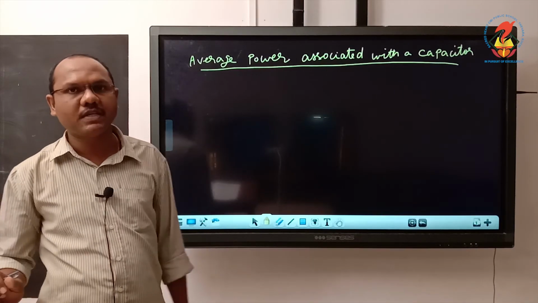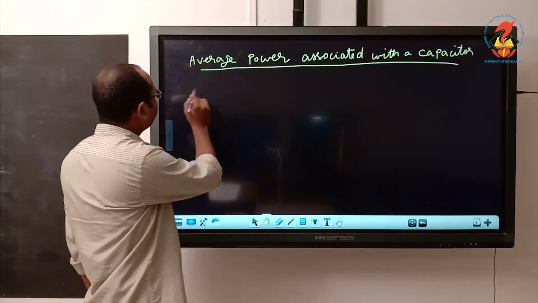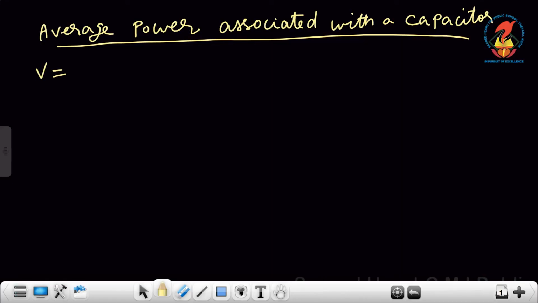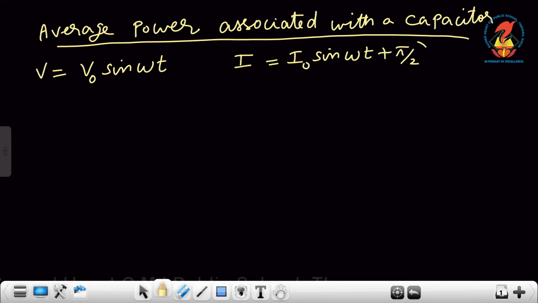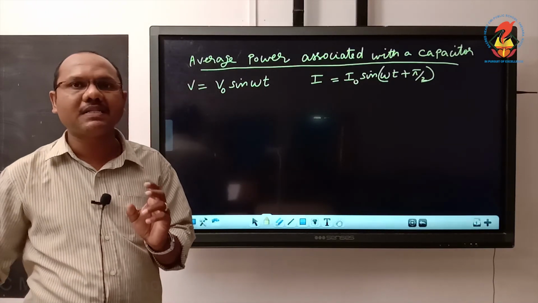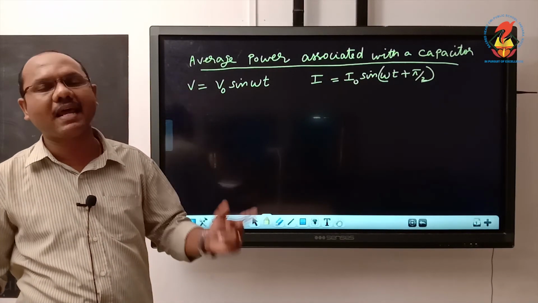Average power associated with a capacitor. So for a capacitor, V is equal to V0 sine omega t and I is I0 sine omega t plus pi by 2. In a capacitor, current leads by an angle of pi by 2.